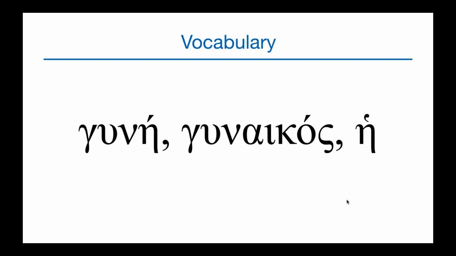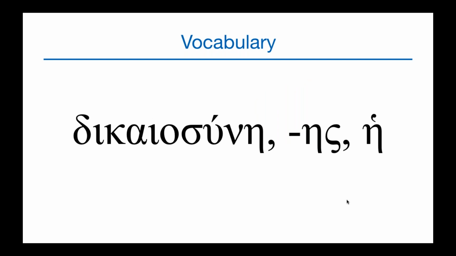All right, so vocabulary for chapter 13. Gune. Gune means woman or wife, depending on the context, and this is the word we get gynecology from. Remember, an upsilon, when it's transliterated, often becomes a Y. Dikaiosune.